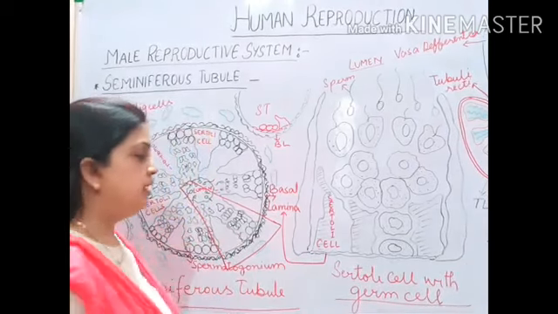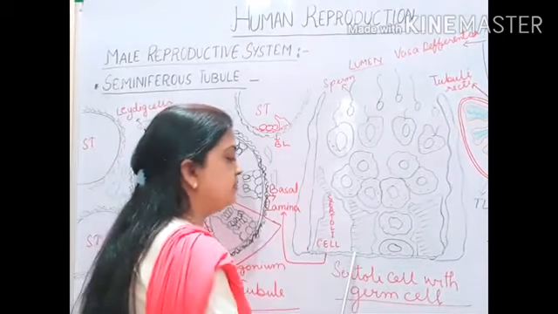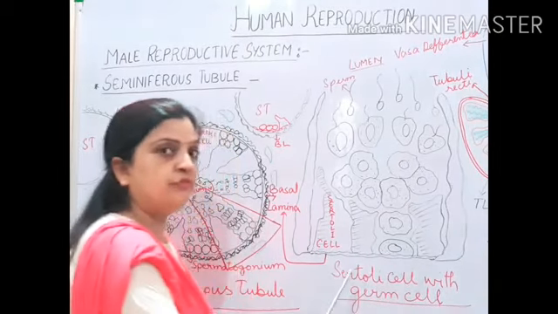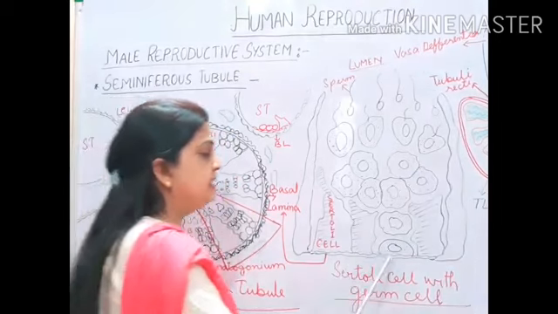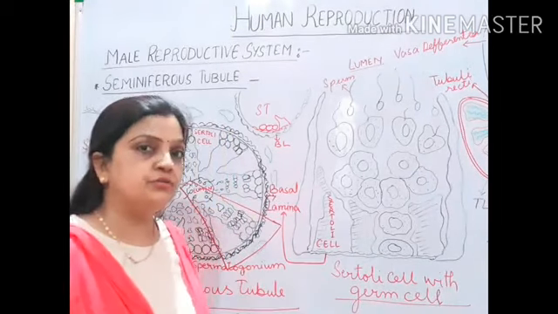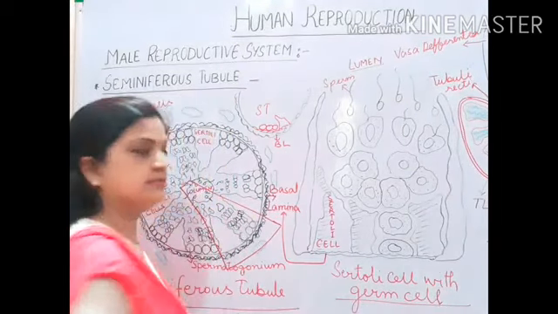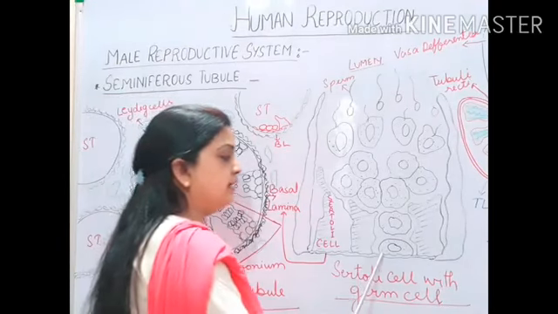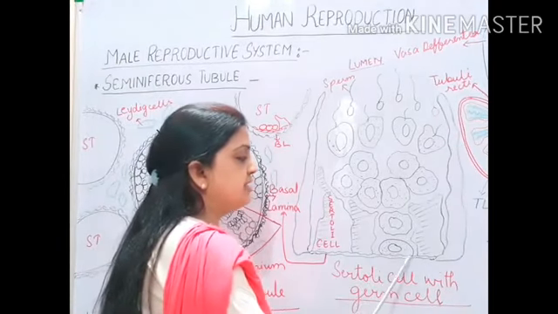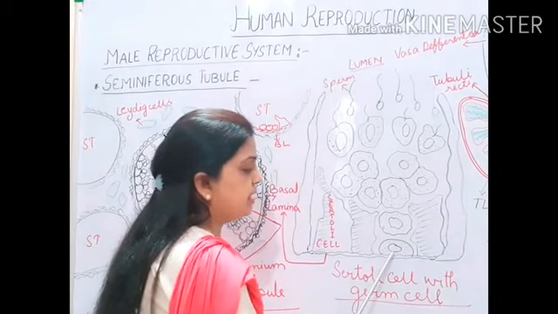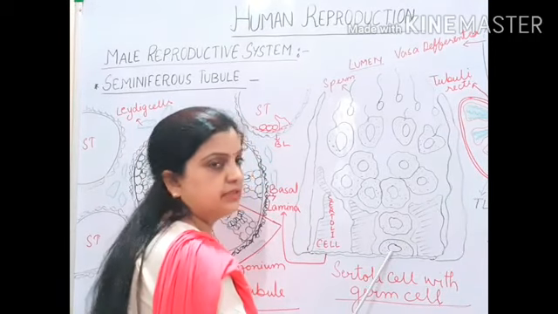I told you that the inner germinal epithelium of the seminiferous tubule is responsible for producing spermatogonium cells. So from the inner lining, a spermatogonium cell is developed. This is a spermatogonium cell I have drawn separately.